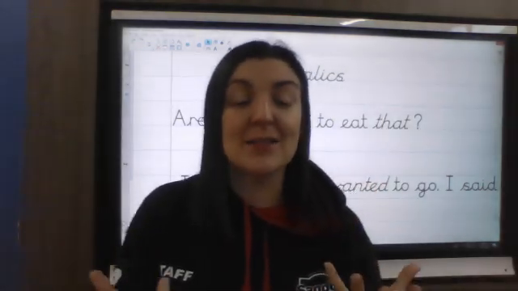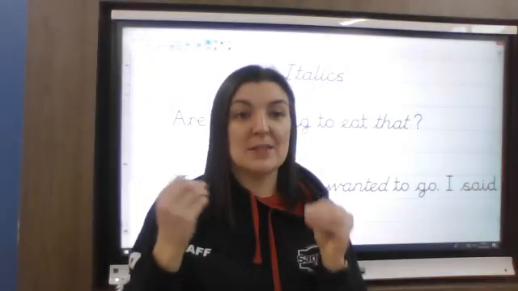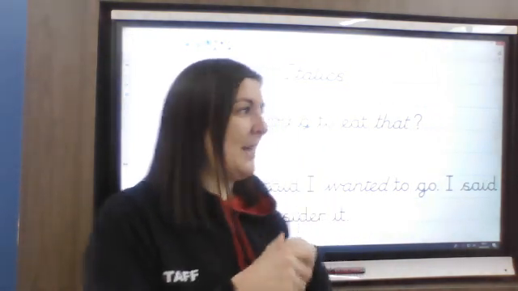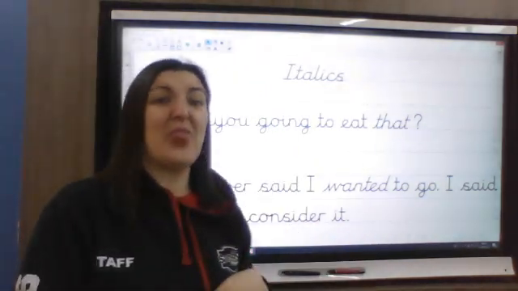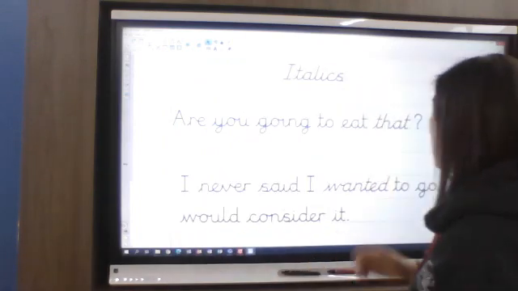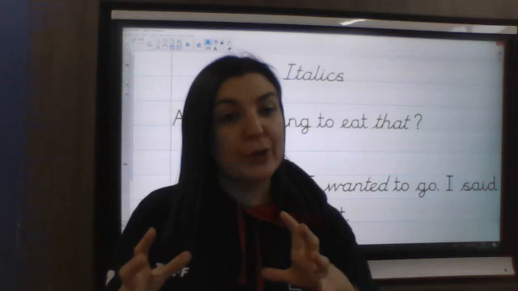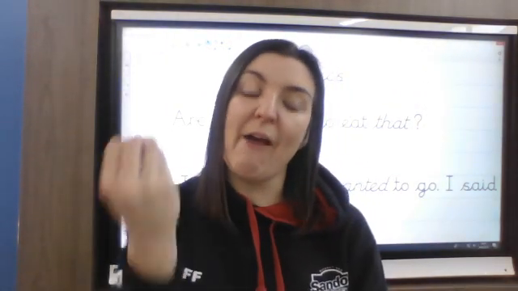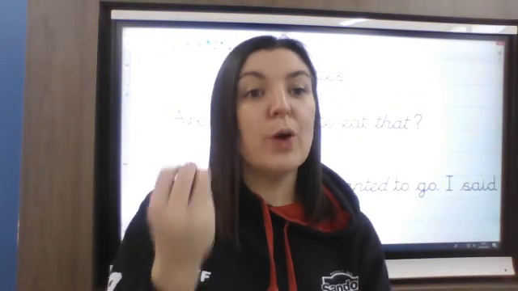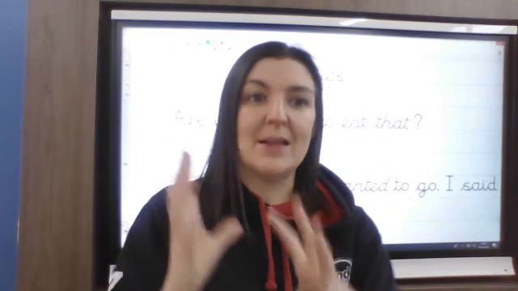So if I read that with the italics in, I might say, are you going to eat that? Or I never said I wanted to go. I said I would consider it. Those words, when they're in italics, are really emphasized. So when you are thinking about italics in the text today, why would the author put them into italics? Have a think about that.